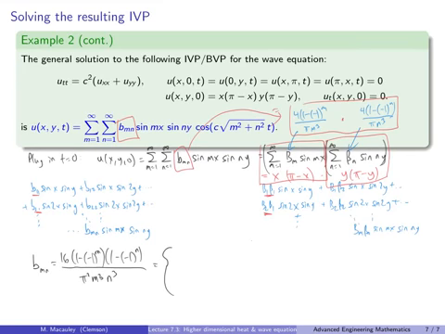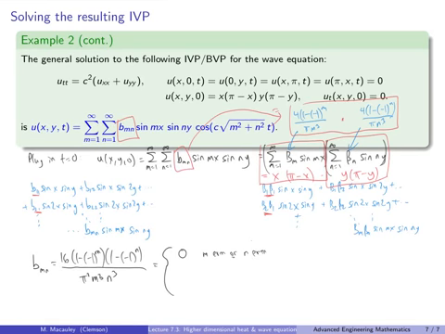So hold on. This is going to be 0 when? This is going to be 0 if that is 0 or that is 0. And this is going to be 0 if m is even, or if n is even.